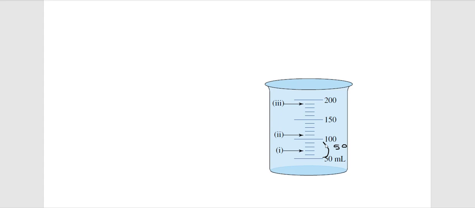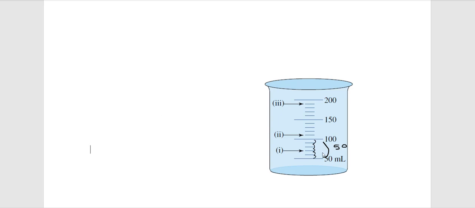Now, this 50 mils is also being broken up into smaller units. And I've got to work out how much each of these units is worth. What's their value in terms of mils? So let's work out how many smaller units are in between 50 and 100. Let's see, we've got 1, 2, 3, 4, 5. There are 5 smaller units in between 50 and 100. And remember, it's a total of 50 mils.